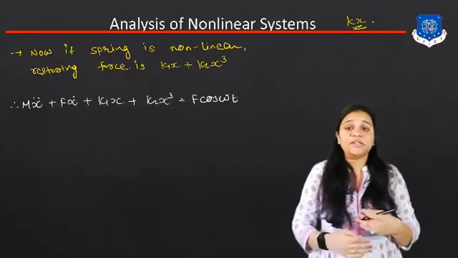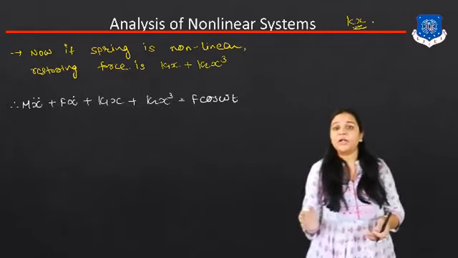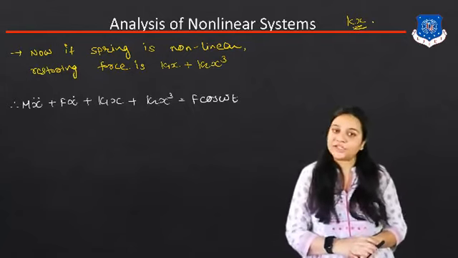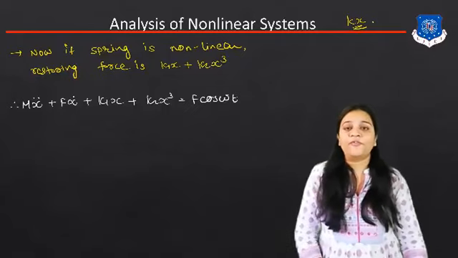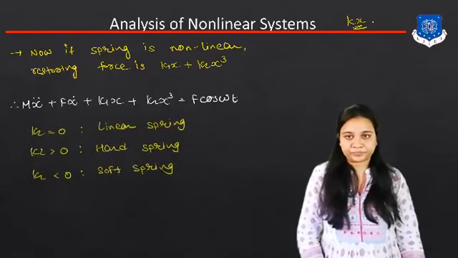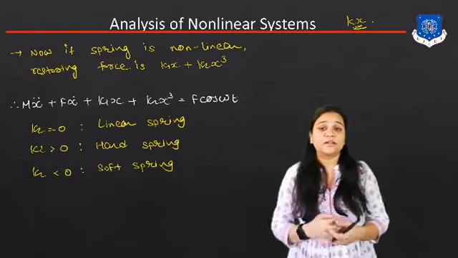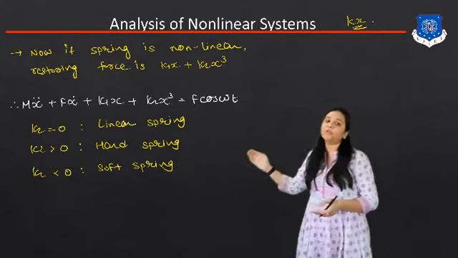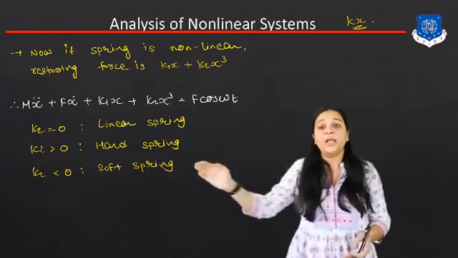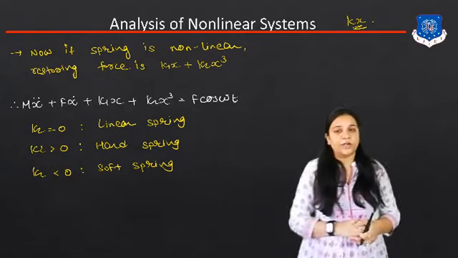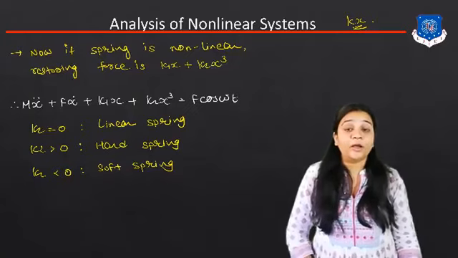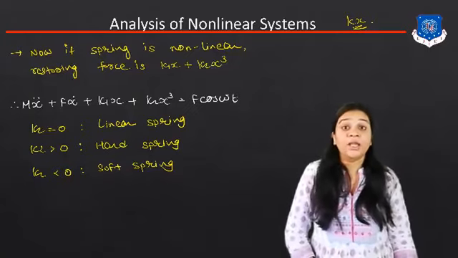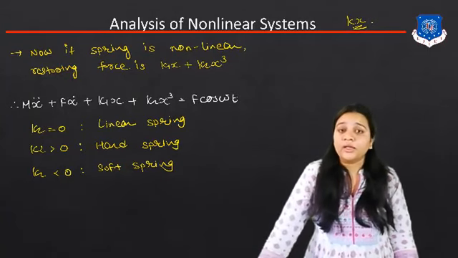So the equation will become m x double dot plus f x dot plus K1x plus K2 x cube equal to F cos omega t. As we discussed earlier, K2 is equal to 0 for the linear spring, K2 greater than 0 for the hard spring, and K2 less than 0 for the soft spring. So depending upon the spring characteristic, the differential equation will change, particularly for the non-linear spring.